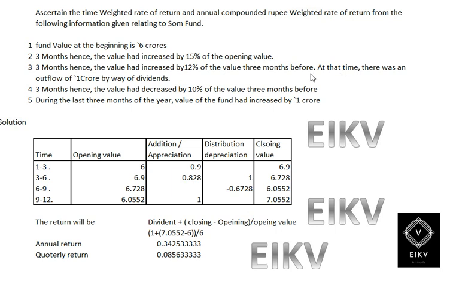At the time there was an outlay of 1 crore by way of dividend. Number 4, 3 months hence, the value has decreased by 10 percentage of the value 3 months before.